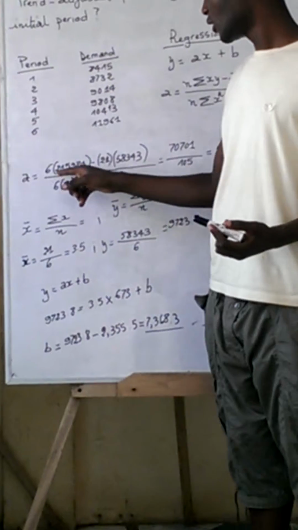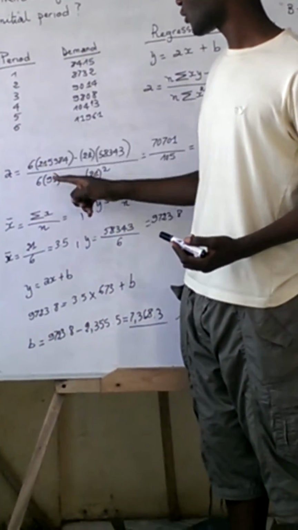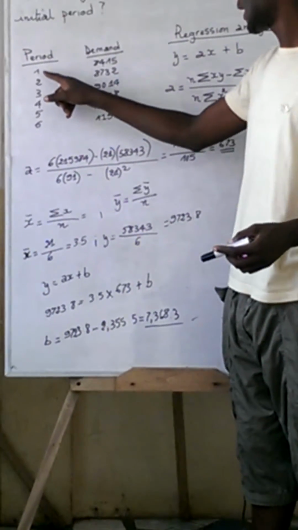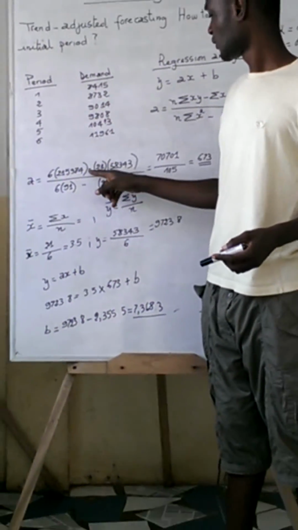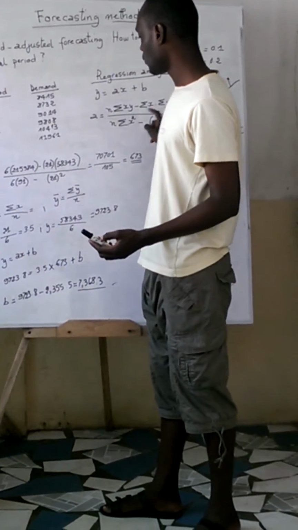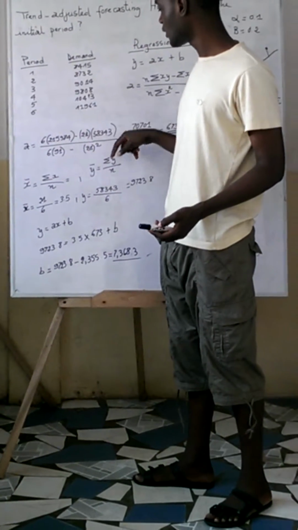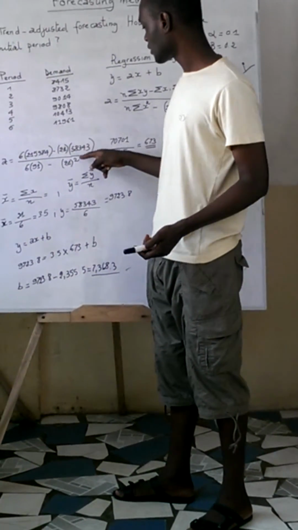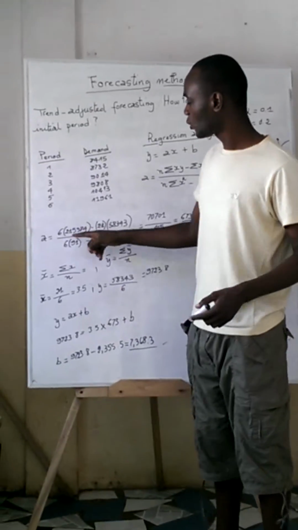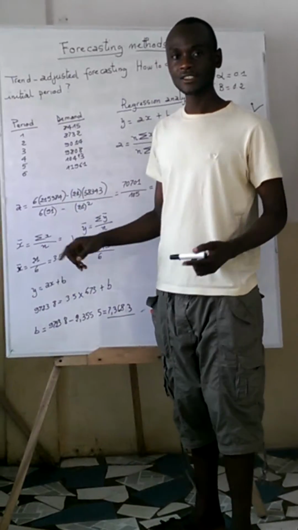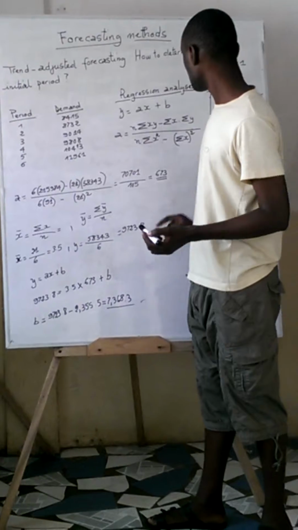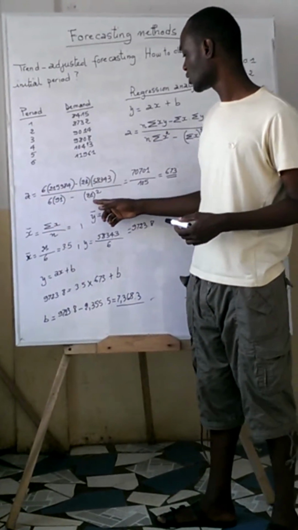So this is a, n corresponds to 6 periods, times the sum of xy, where we multiply x times y, minus the sum of x times the sum of y. We have the sum of x is 21, the sum of y is 58,343, and all divided by n times the sum of x squared minus the sum of x all squared, as you can see here.